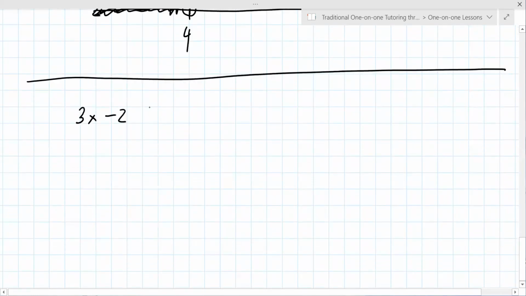3x minus 2 greater than or equal to 13. So give this one a try on your own, please.